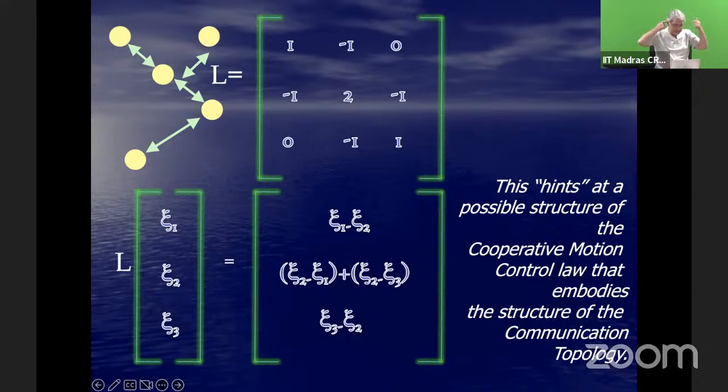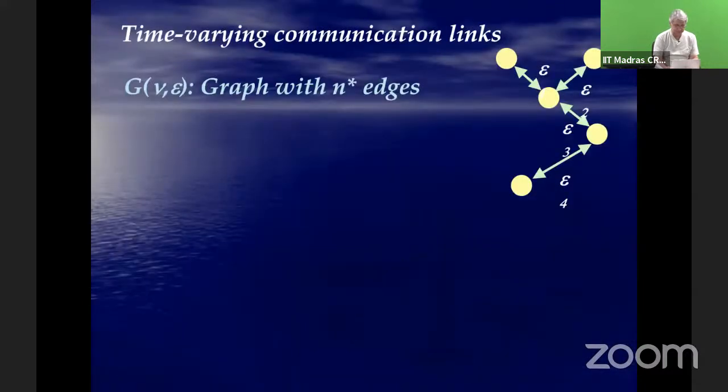So this sets you thinking that when I want to drive all the gammas to be equal, and I want to use some very rich tools from algebraic graph theory, namely the Laplacian, this motivates in a fuzzy way that probably one good way for the vehicles to talk to each other is for vehicle 1 to talk to vehicle 2, vehicle 2 talks to 1 and 3 at the same time, and vehicle 3 talks to vehicle 2. It's not clear at this point how this went on, but I believe this is at the genesis of what happened.